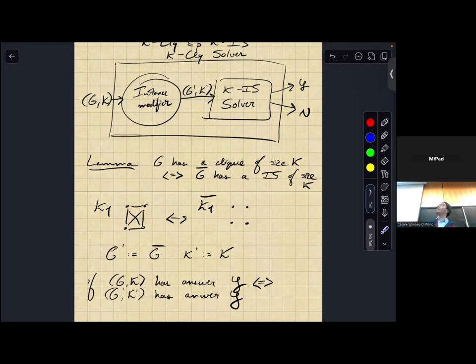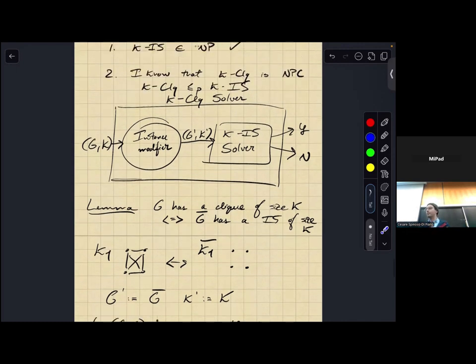If I can solve the K independent set problem, then I can solve the K-clique problem. So that means that the K independent set problem is harder than the K-clique problem.